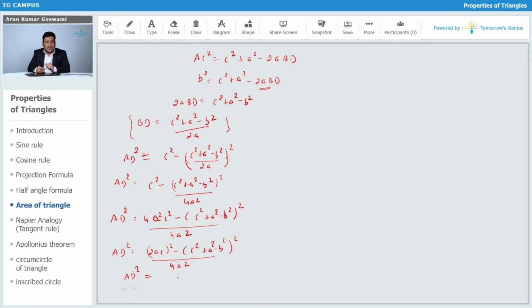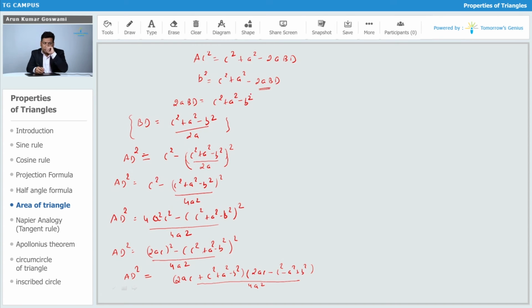So I'm opening it like that. So 2AC plus C square plus A square minus B square, into 2AC minus C square minus A square plus B square, divided by 4A square.